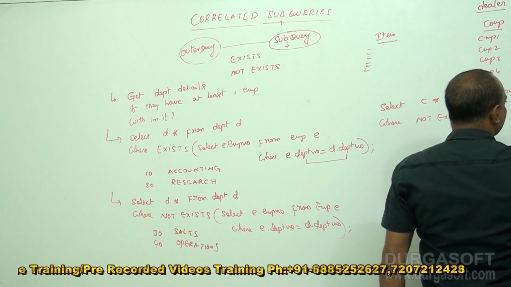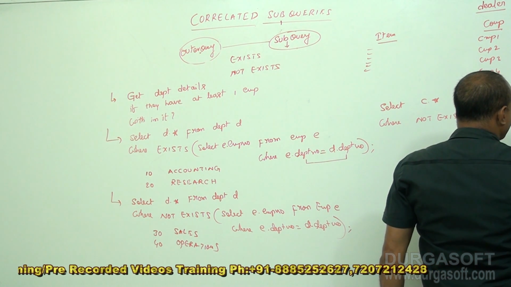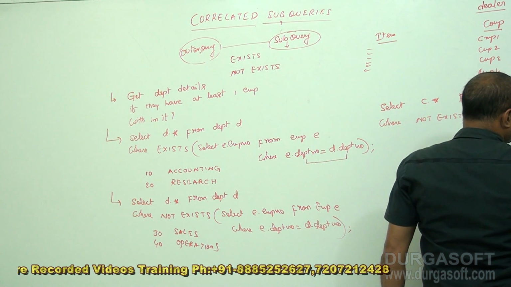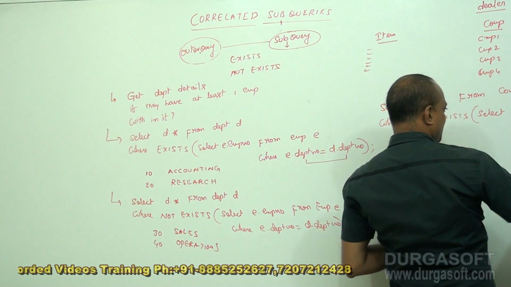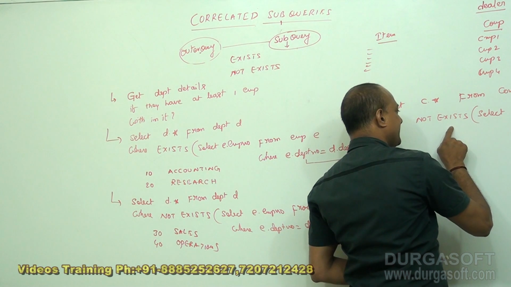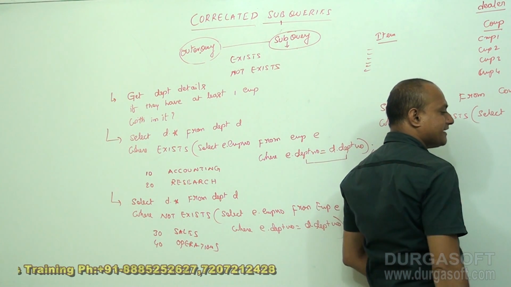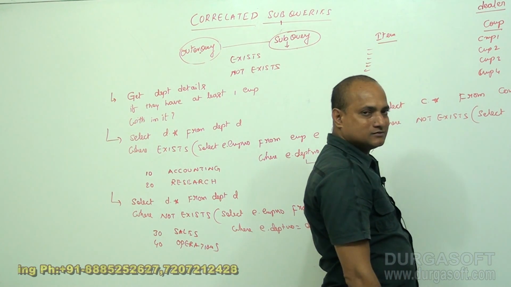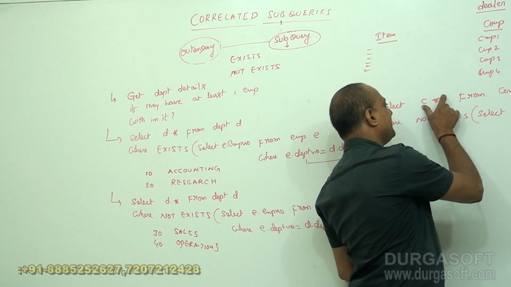Product table P, where P dot company ID is equal to C dot CMP ID. If there is a product, if the matched data is there, it will select a value. If it is selecting, it will not display that company. Why? Because at least one product is there. If it is not selecting any value, then not exists returns true, so that company's details it will display.